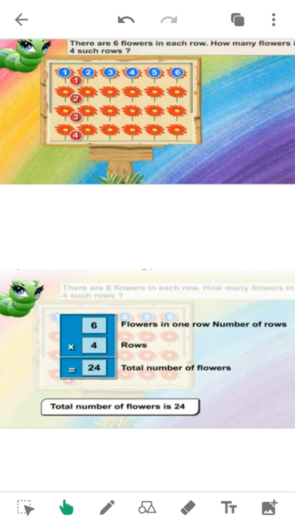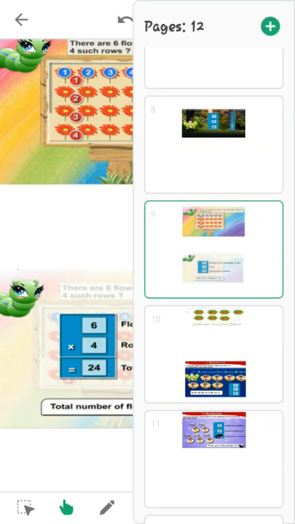So 6 multiplied by 4: 6 ones are 6, 6 twos are 12, 6 threes are 18, 6 fours are 24. So the total number of flowers is 24. Okay, understand?